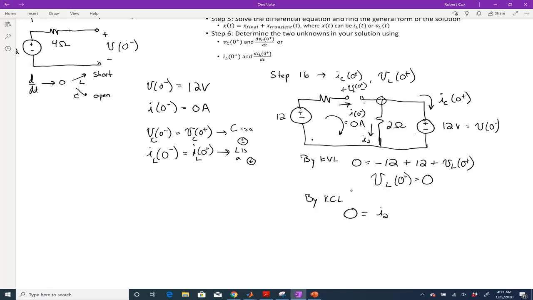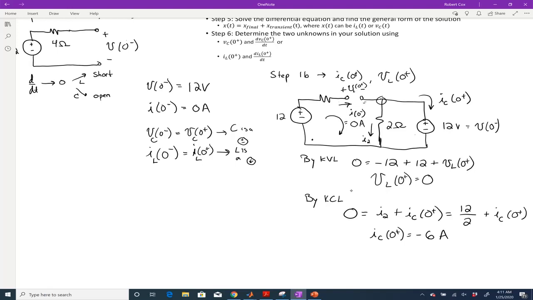The current coming out is I2 plus IC of 0 plus. Now I2, I know because I know the voltage across it is 12 volts and it's 2 ohms, plus I sub C of 0 plus, and I solve for I sub C of 0 plus, and that's clearly equal to negative 6 amps.